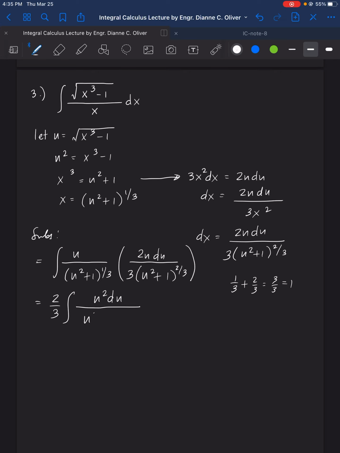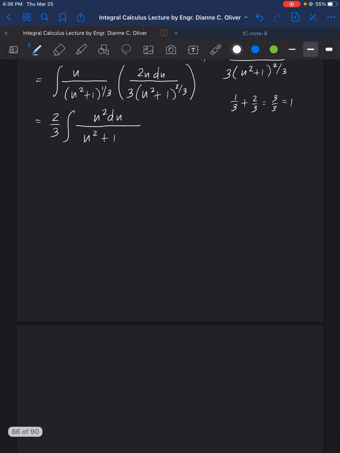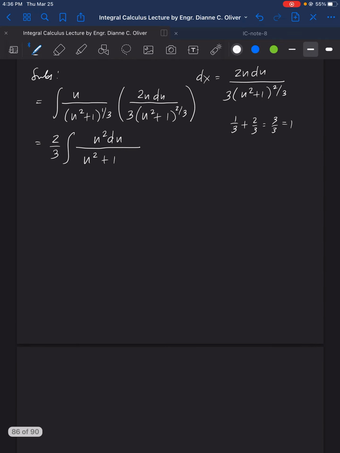So we have here u squared plus 1. Okay, so we can divide it since they are equal in exponent. Divide u squared by u squared plus 1, u squared plus 1, then the sign becomes negative, minus 1 over u squared plus 1.